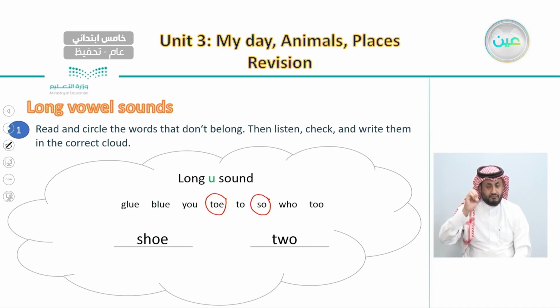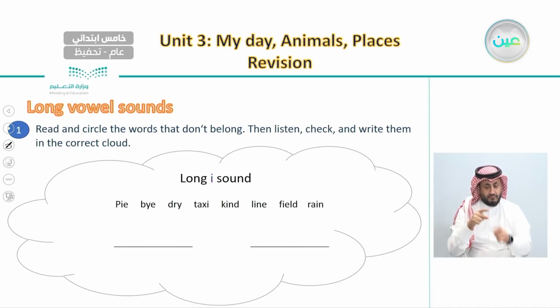Now let's listen to the third sound, which is called the long E sound. The long E sound. Let's listen to the words that we have here, or the long I sound. Let's listen to its words.